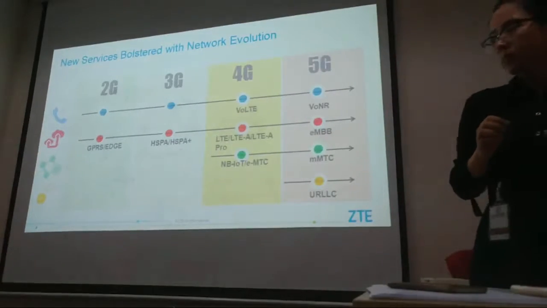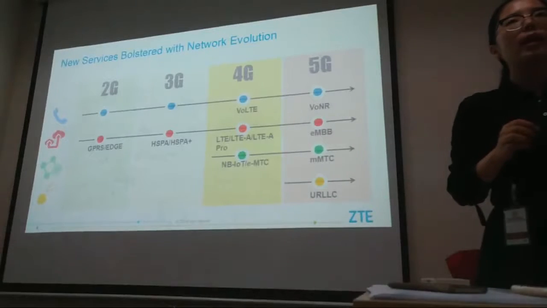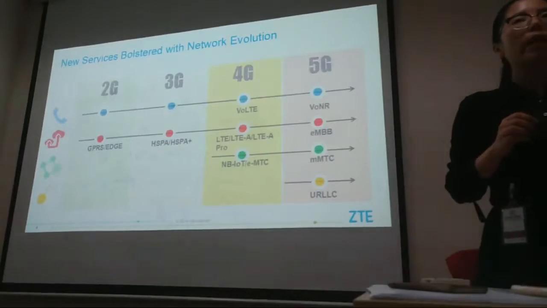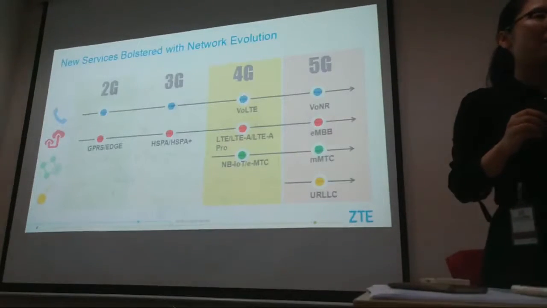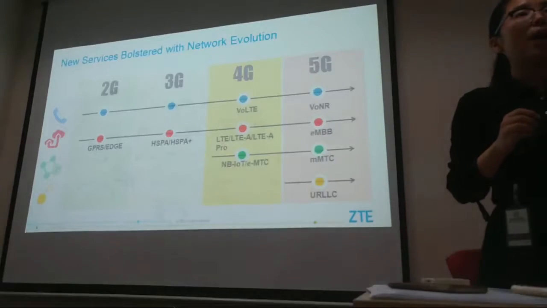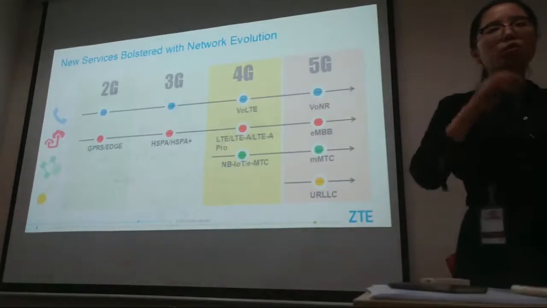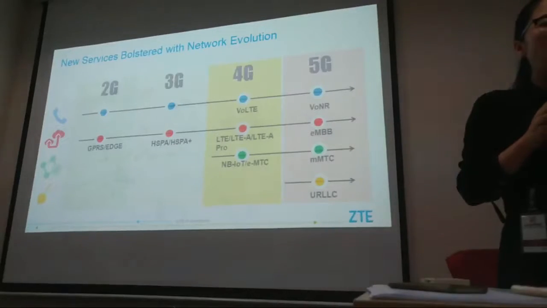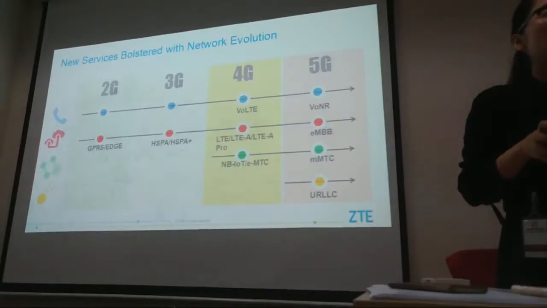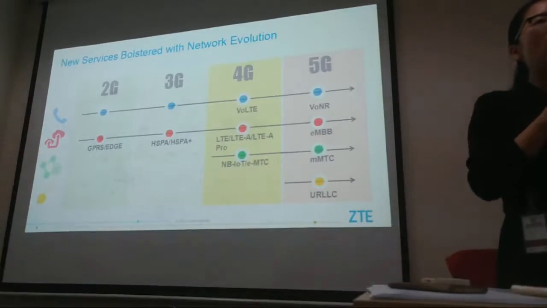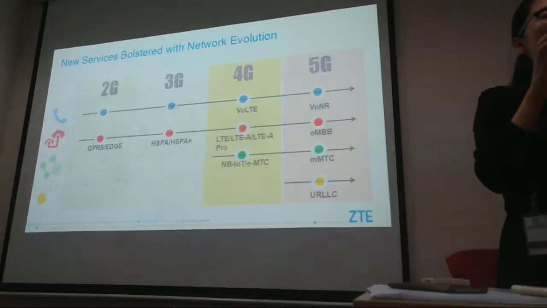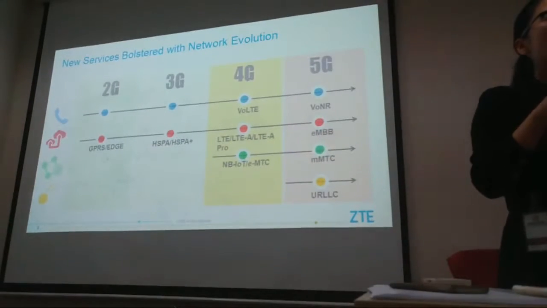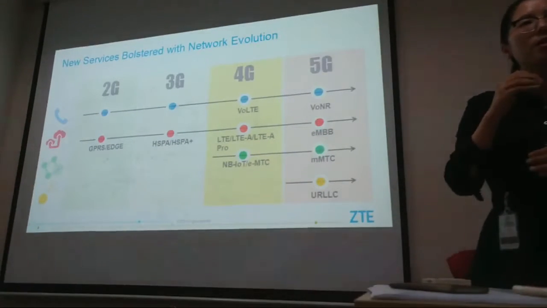The bit rate is usually less than 1 megahertz, maybe 10 kbps or 100 kbps. It's used for the smart light, smart parking, like this. The device only reports some indications or very small data, so we don't need to consider the time delay.